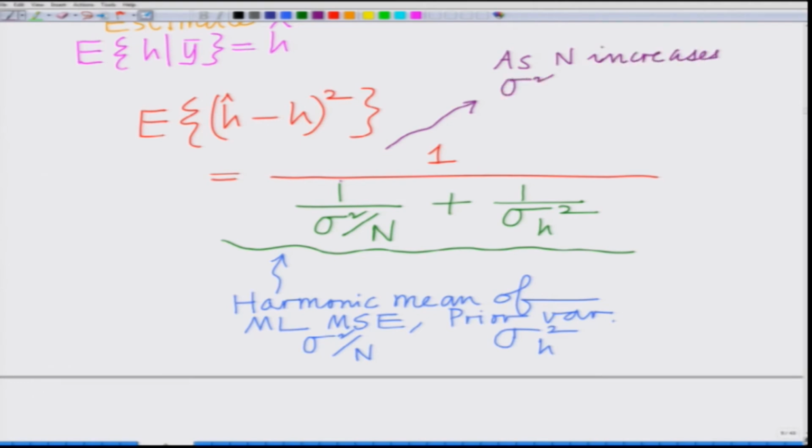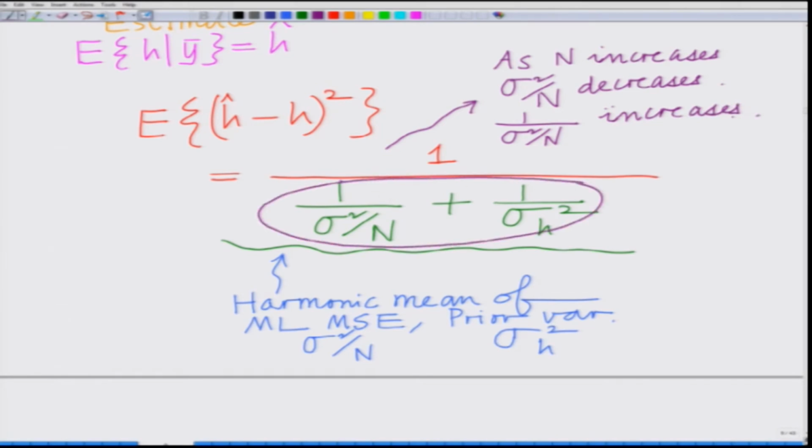Observe that sigma square over n decreases, therefore 1 over sigma square over n increases, therefore the denominator increases as n increases.